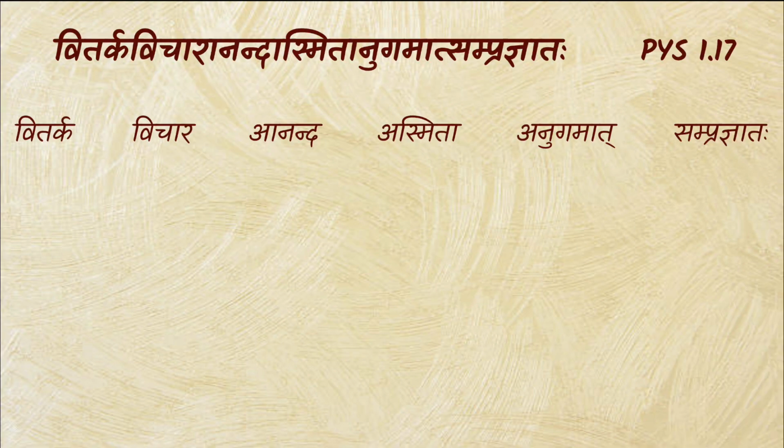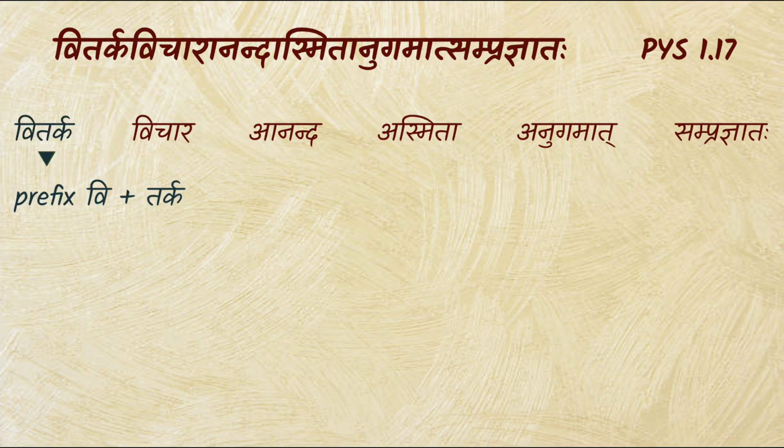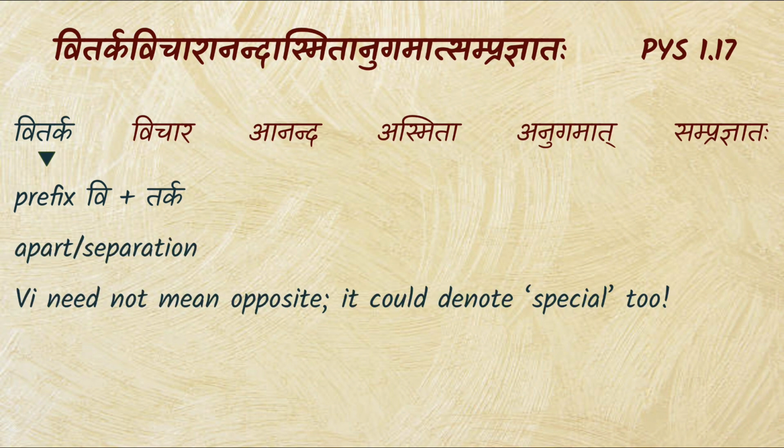Now let us look into this sutra by breaking it up into individual words to better understand what it means. The first word is vitark, which consists of the prefix vi to the word tark and can have different meanings depending on the context.